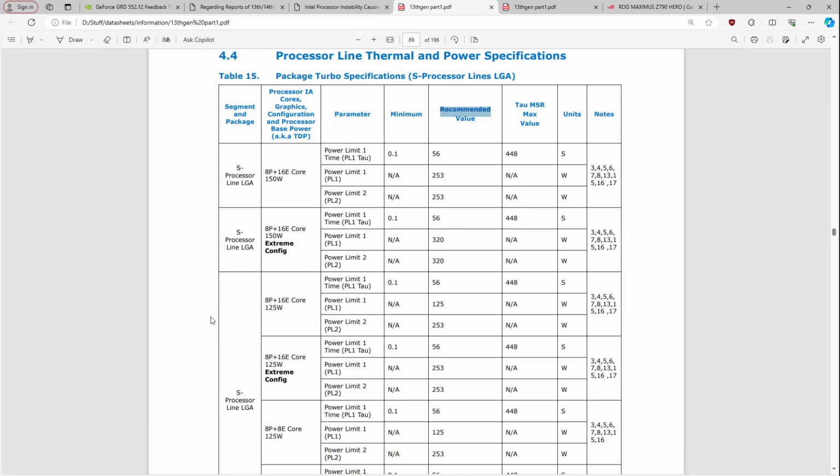But I don't think that should be a concern at 1.3 volts, and 1.3 volts for an 8 plus 16 E-core, like one of the 24 core chips, is a lot of voltage. Even at 1.2 volts, you can get these chips to pull over 300 watts. At 1.3, you're looking into the 400 watts plus territory, assuming you have enough cooling. Most people don't.